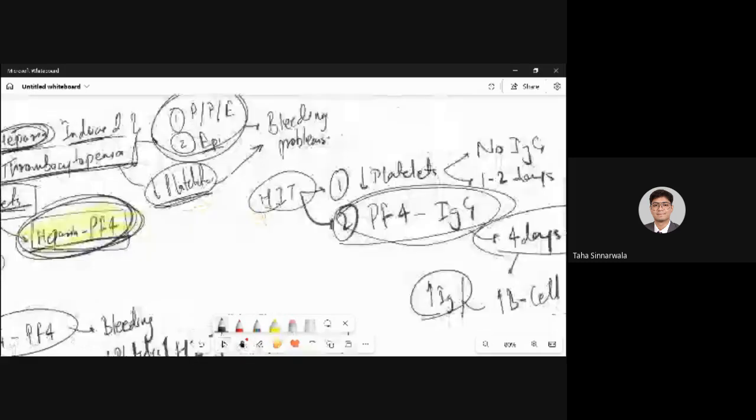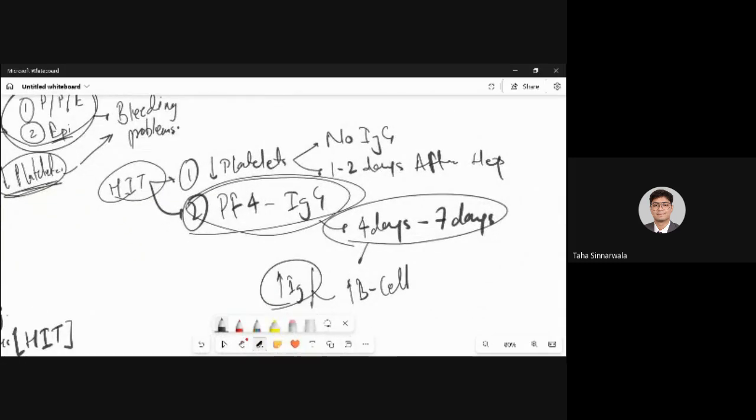Now, there's two types. The one we discussed right now, which has the production of immunoglobulins, actually happens a little later, around 4 to 7 days after the administration of heparin, and that is because of the production of immunoglobulins. Now, there's another variant. This variant still has the reduction in platelets because the condition is called thrombocytopenia.